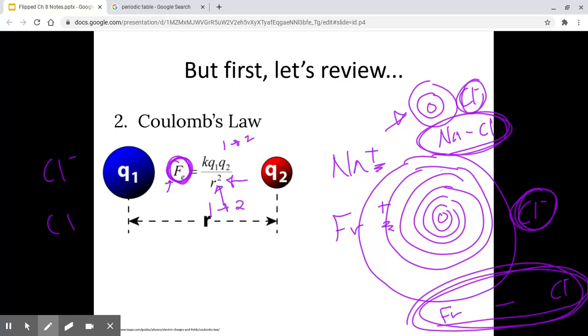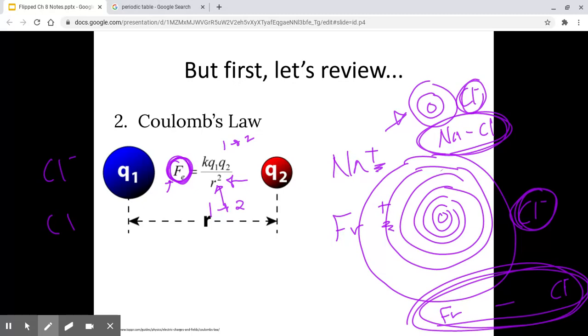Like all of that gets tied back to Coulomb's law. And so, like I said, we don't really calculate a whole lot using Coulomb's law, but it's such a central idea to chemistry. It's definitely a law you should use. And if you can reference it in a free response question, you are probably doing well by doing that.